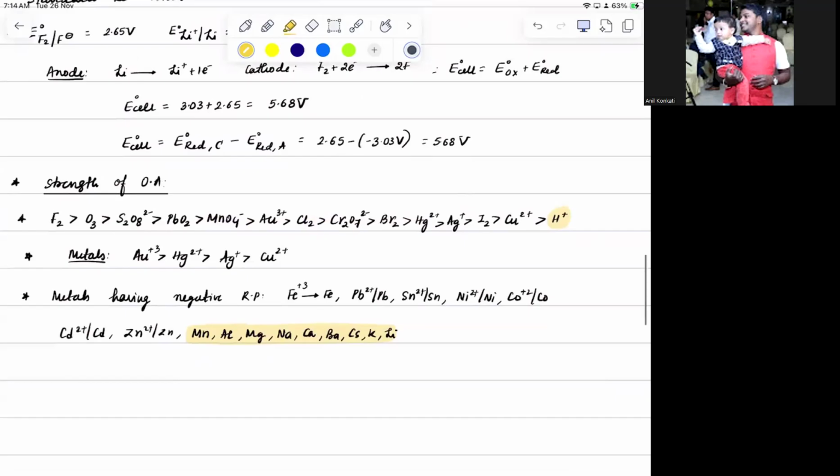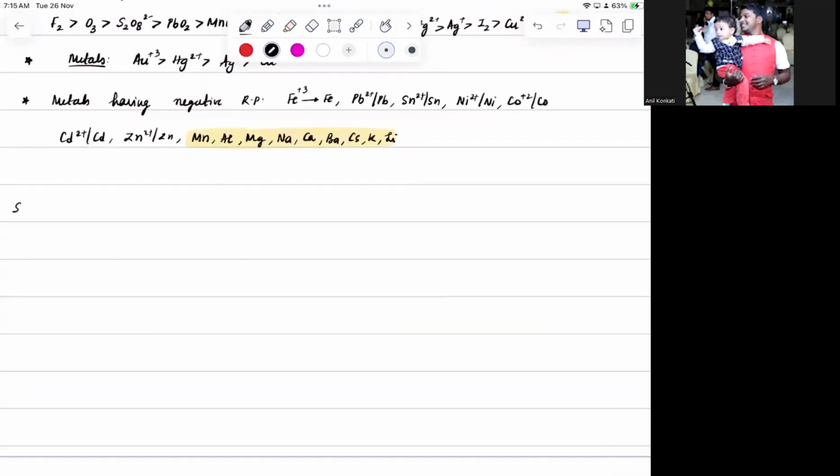Knowing this, the next thing we need to understand is the importance of a salt bridge. The salt bridge connects the two electrodes.